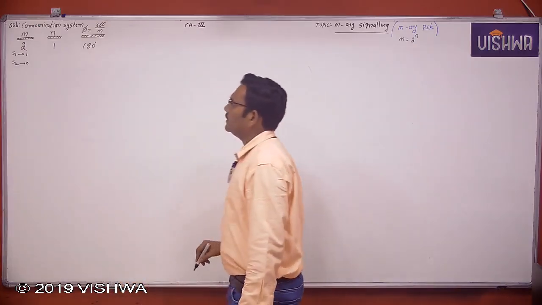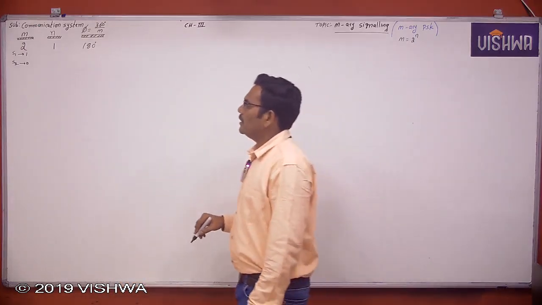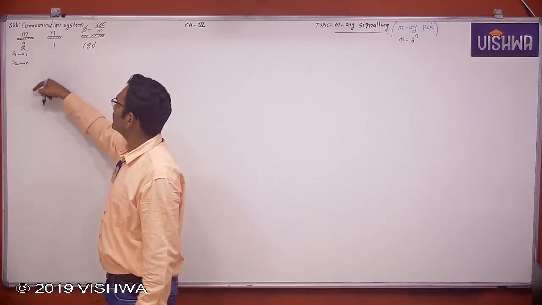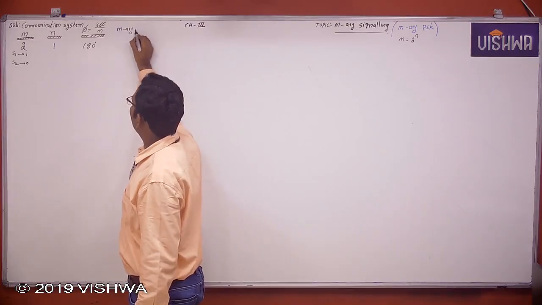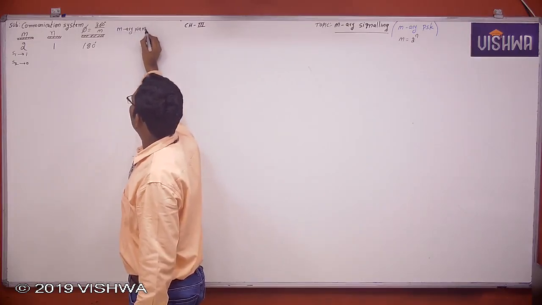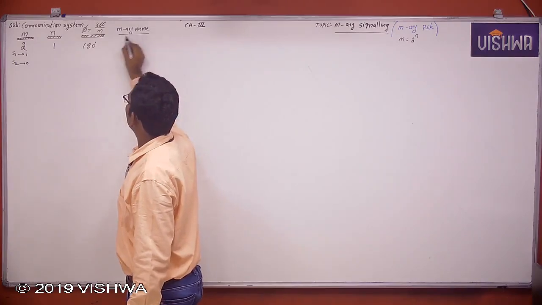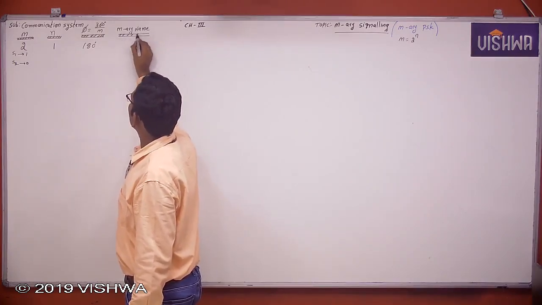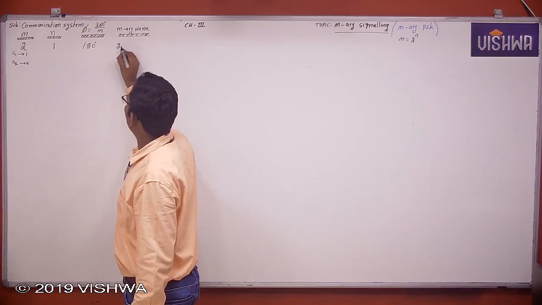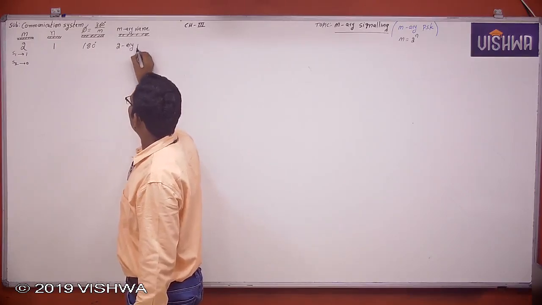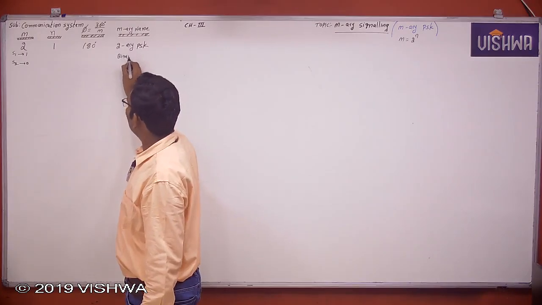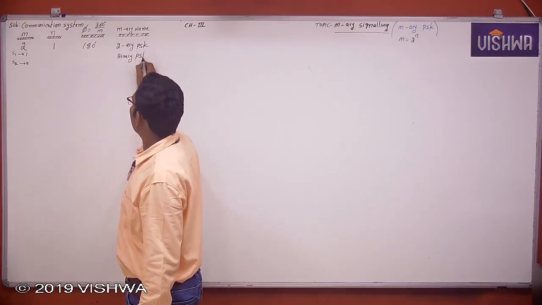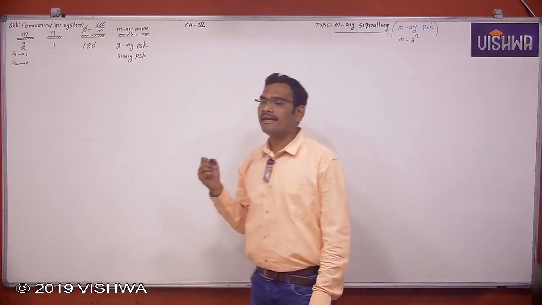Now the phase shift is 180 degrees. Then the M-ary scheme name: M equal to 2, therefore this is called 2-ary PSK, or binary PSK. This is the PSK which we have already completed.